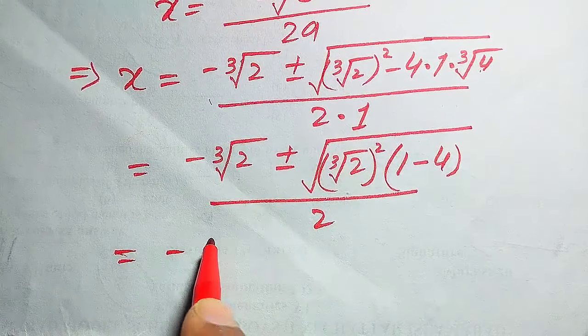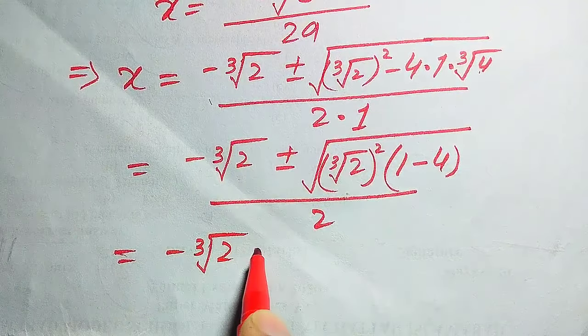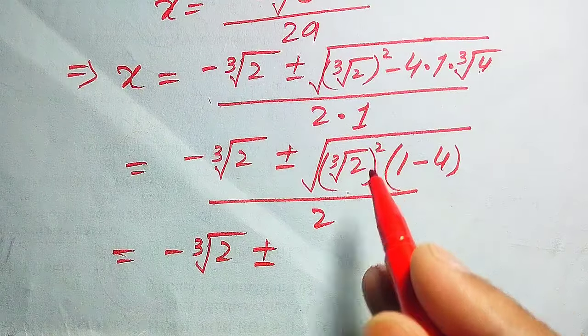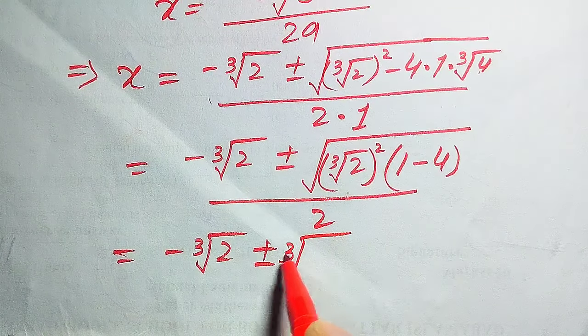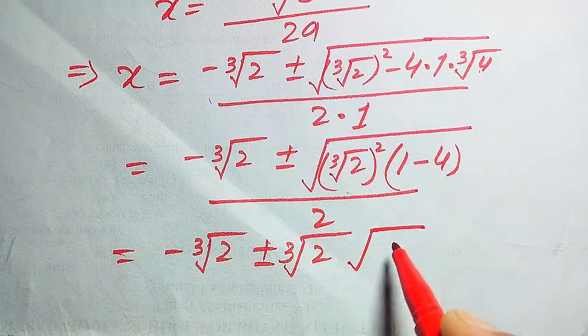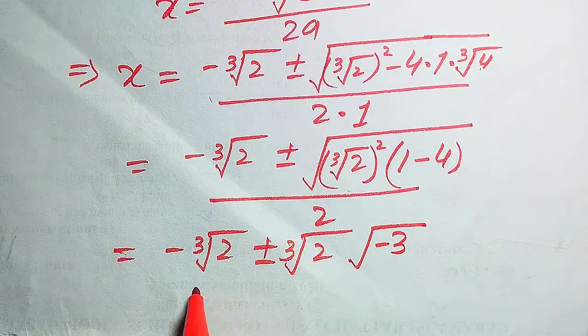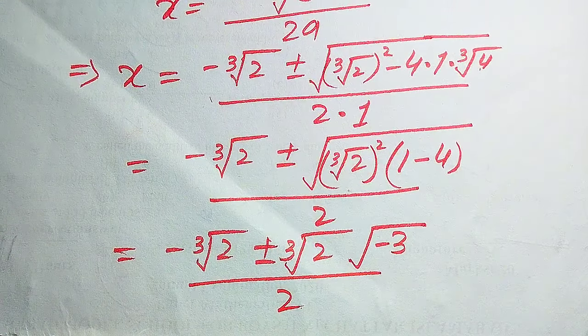So this will be written as minus cube root of 2 plus minus, here the 2 and square root are gone, and we get cube root of 2 into square root of 1 minus 4, which becomes minus 3, divided by 2.